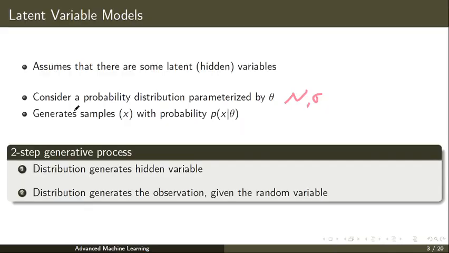Going back to our slide, this is what we know. We know that you can generate samples if you know this conditional probability. Now we can look at this as a two-step generative process. You consider one distribution which generates a hidden variable or a latent variable.